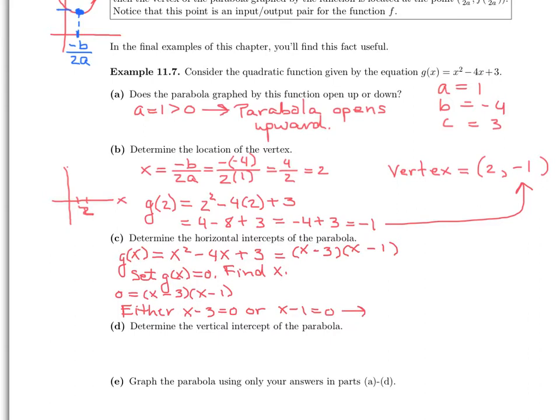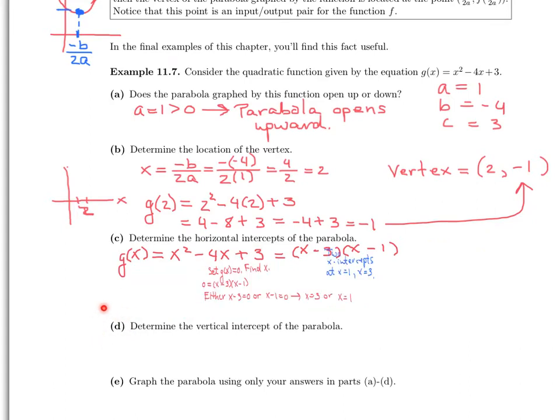So from here we know that x must equal 3 or x must equal 1. So there are two values of x that cause the output to be 0, and this tells us that there are two x-intercepts at x equaling 1 and x equaling 3.